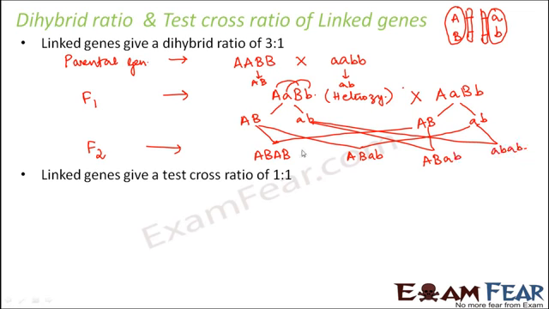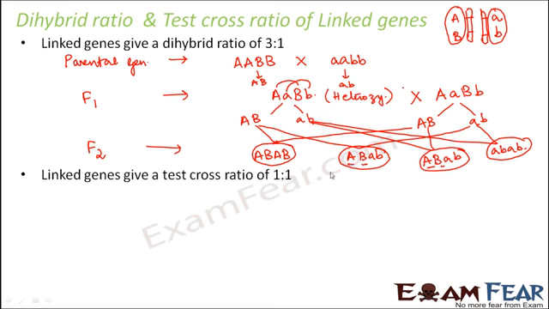Now if you look at their phenotypes, this is going to be AB because all the dominant traits are present. Even this is going to be of the same phenotype because you have the dominant traits. This is also going to be of the same phenotype, but this has all the recessive traits, so this is going to be different. What is going to be the phenotypic ratio?